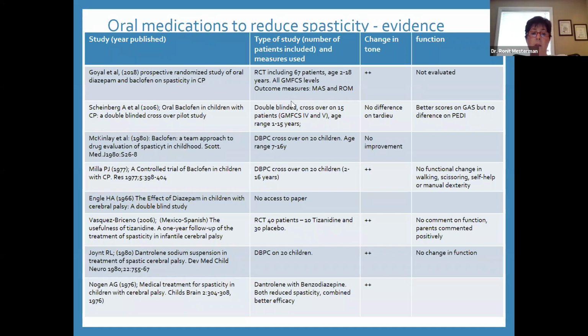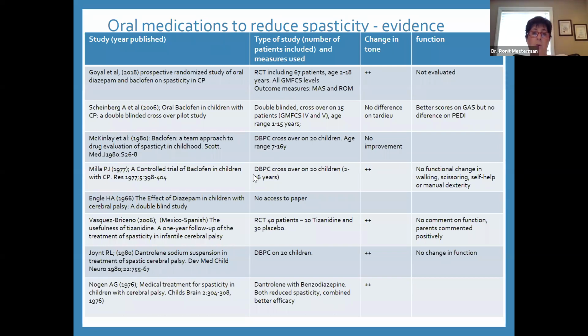There have been some early papers in the 60s and 70s that looked at the use of baclofen with small numbers, nice study designs, double-blinded, placebo-controlled. Especially the older papers often do not separate by GMFCS functional levels, because it didn't exist at that time.